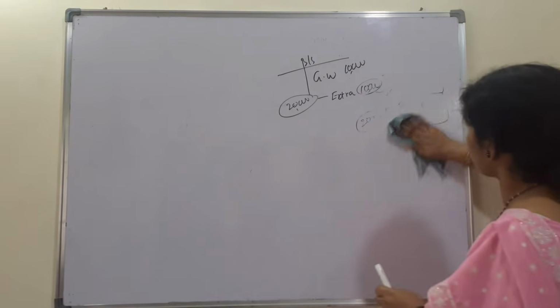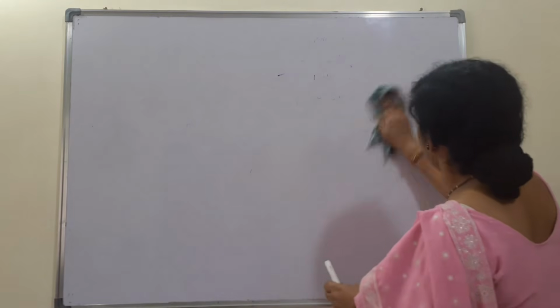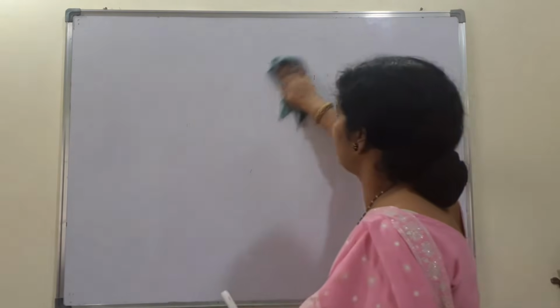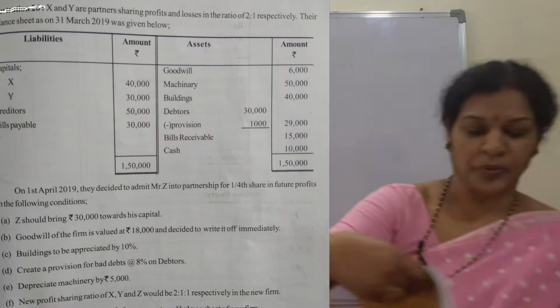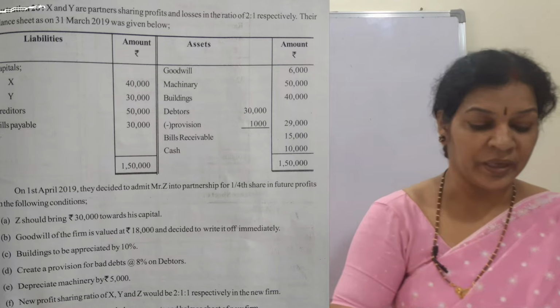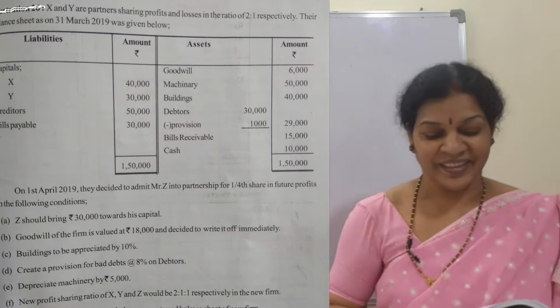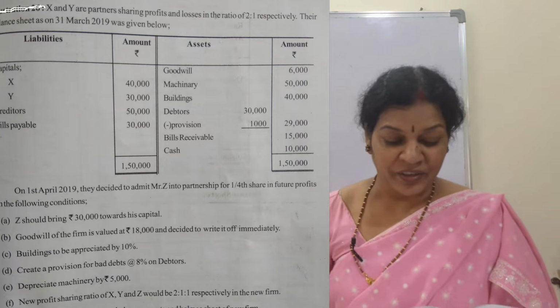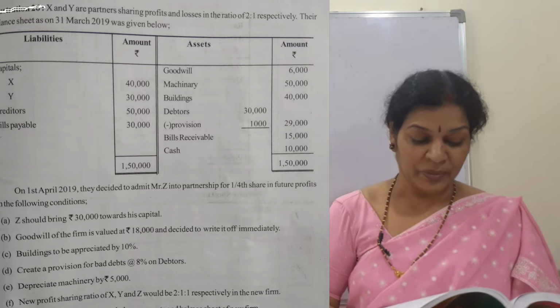The problem is given on the desktop. You can just write it down. In this problem, X and Y are partners sharing profits and losses in the ratio of 2:1 respectively. Their balance sheet as on 31st March 2019 is given below.